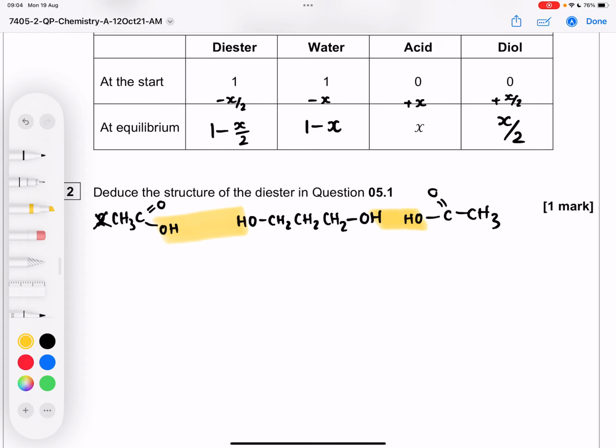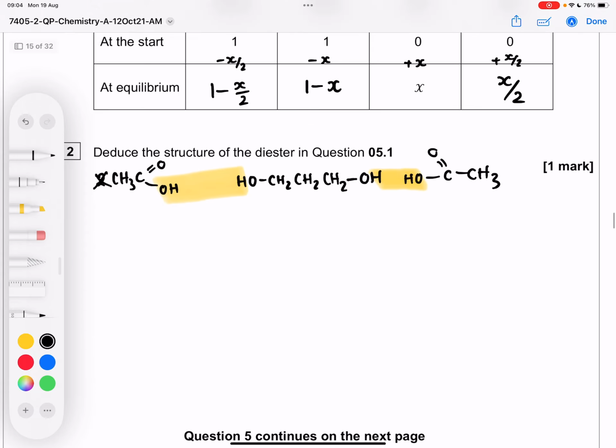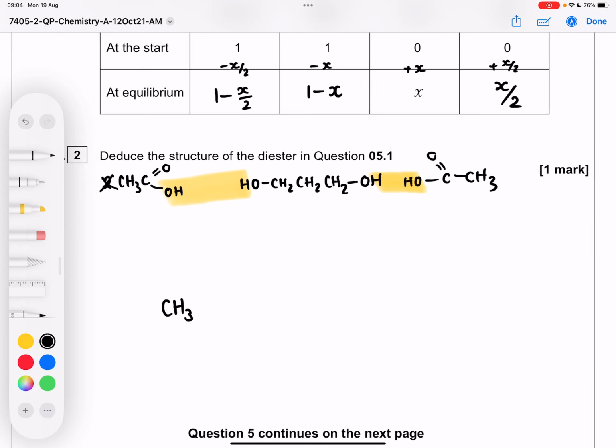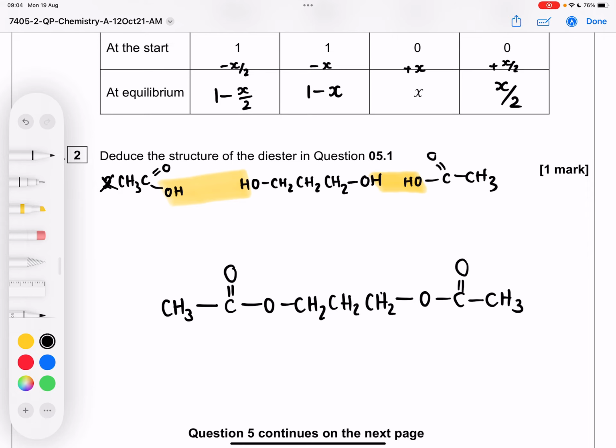So again, we're going to get rid of water. So what we're going to do is join those chunks together. So we've got a CH3 joined to a C with a double bond O, joined to the oxygen of the diol, which has 3 CH2s in the middle, which joins to the other ethanoic acid at the other side.